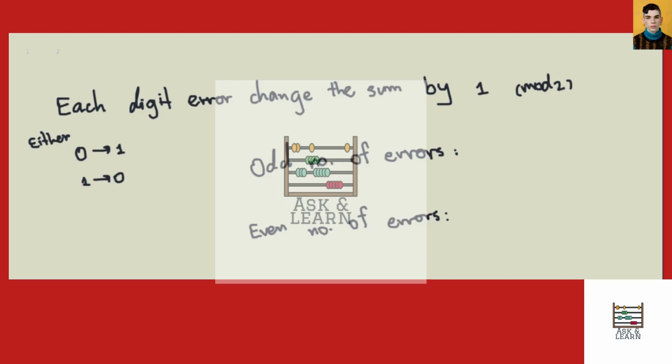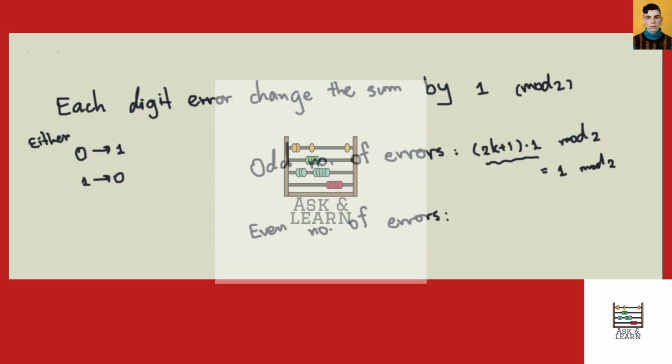With this in mind, we look at when there is an odd number of errors. Odd will be some number, right? 2k plus 1. Each one of these errors changes the sum by 1. So the total sum change will be this number, mod 2, which in turn becomes 1, mod 2.